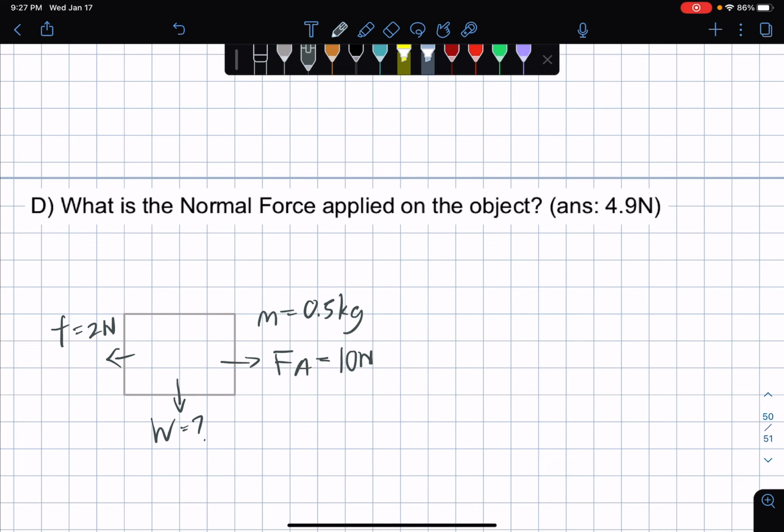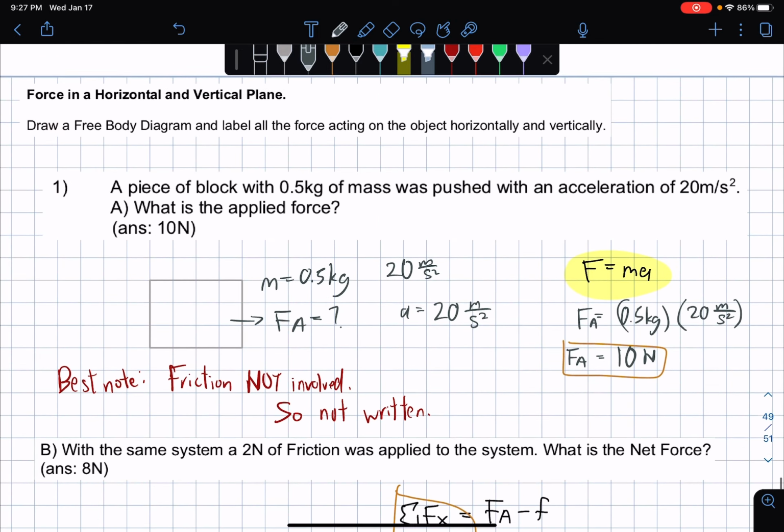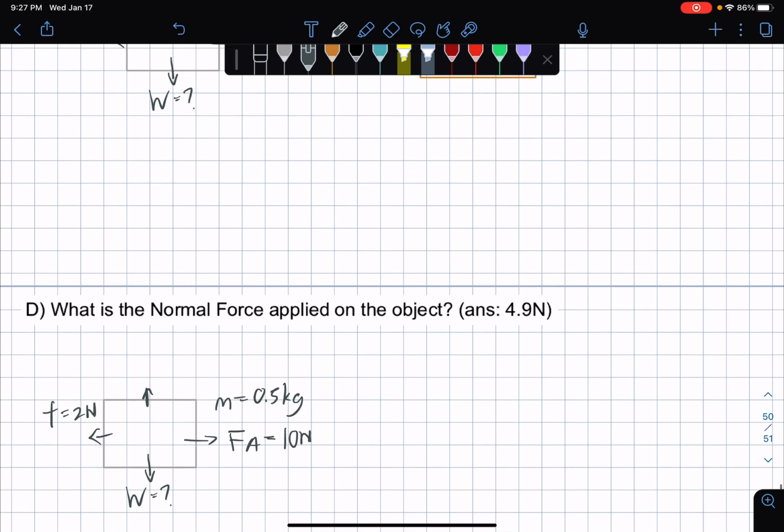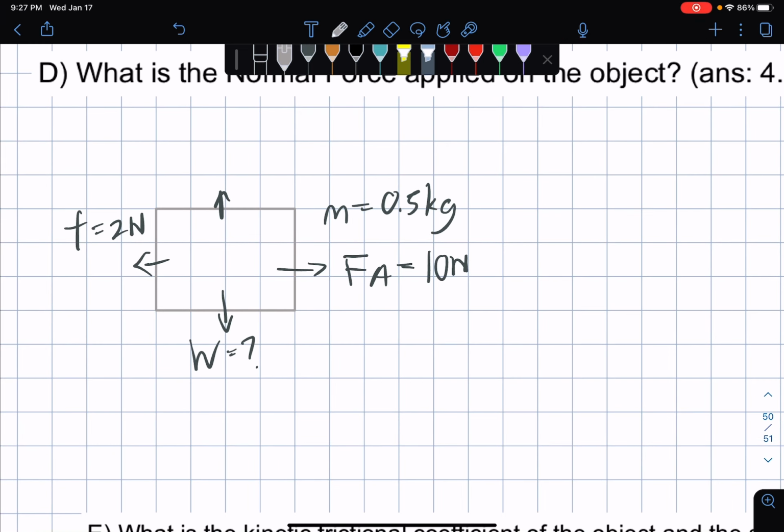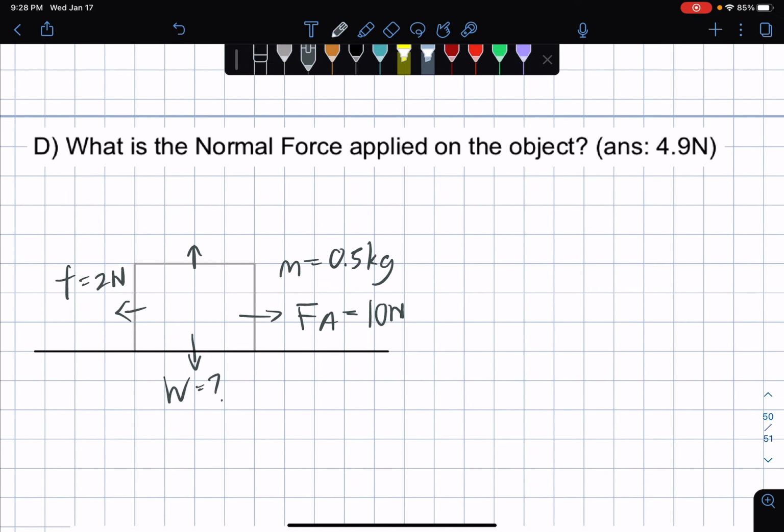Okay, so the normal force, what are we talking about again? It's a block that's being pushed, so the surface is somewhere here. Naturally, now that we know the weight value is 4.9 newtons, since the object isn't falling or flying, being pulled from above, it's just stable.